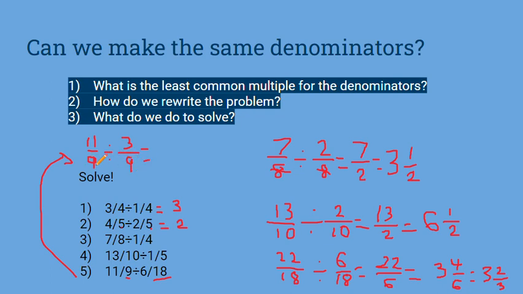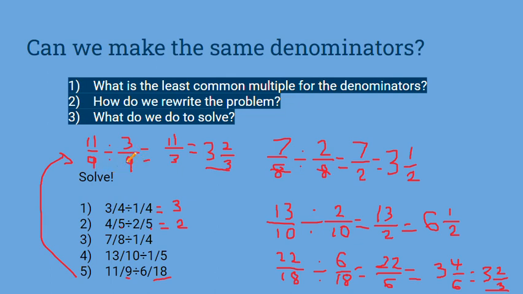No, because the major thing with this entire thing is that I get the same denominator. So then I still have my 11, still have my 3, and guess what? 3 will go into 11 3 times with 2 left over out of the 3. So it still gets the same answer here and here. It's just we end up reducing. It really doesn't matter as long as we've made those like denominators.